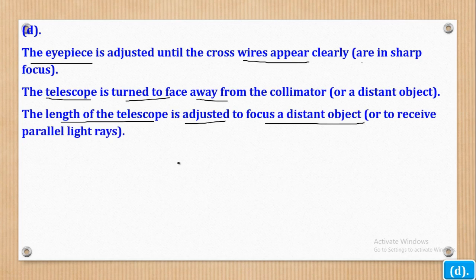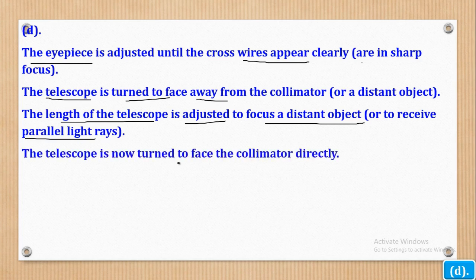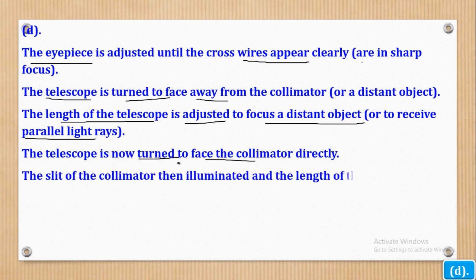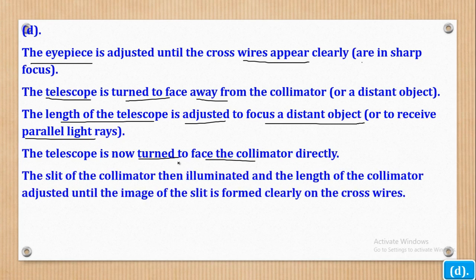A distant object helps you to get parallel light rays. When that is done, the telescope is now turned to face the collimator directly. The slit of the collimator is then illuminated, and the length of the collimator is adjusted until the image of the slit is formed clearly on the cross wires.